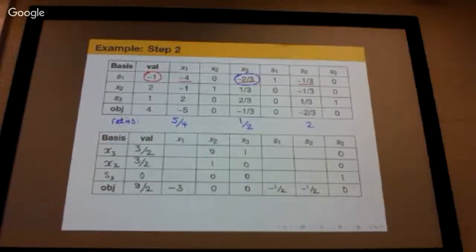So how about this tableau? Any good? Good. Why is that? Values are all positive. How about the top row? Nothing positive, other than the actual objective. That looks good. So this is the optimal solution then.